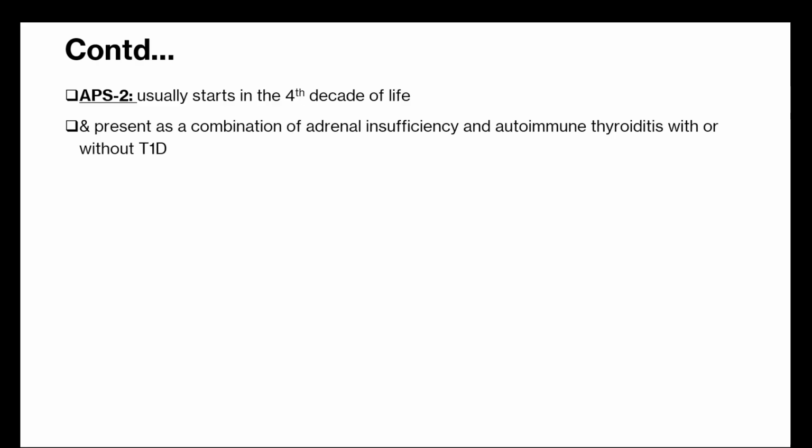And similarly, APS2 usually starts in the fourth decade of life, and this is more prevalent than APS1, and it presents as a combination of adrenal insufficiency and autoimmune thyroiditis. That means in APS2, the autoimmunity results in the destruction of the thyroid gland as well, resulting in autoimmune thyroiditis, and it also presents with or without type 1 diabetes.